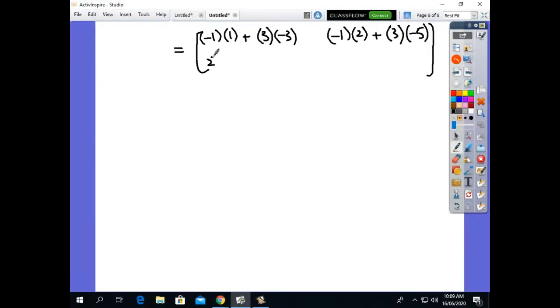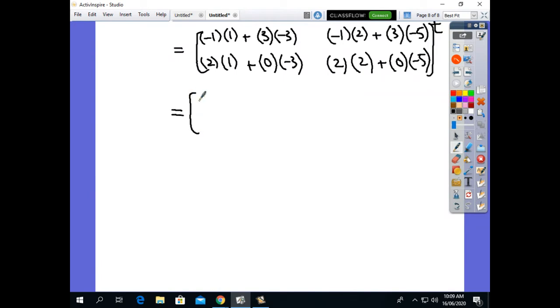Similarly, in the second row with the first column, 2 is multiplied with 1, plus 0 is multiplied with -3. Similarly, 2 is multiplied with 2, plus 0 is multiplied with -5. And there is a transpose on the whole matrix.